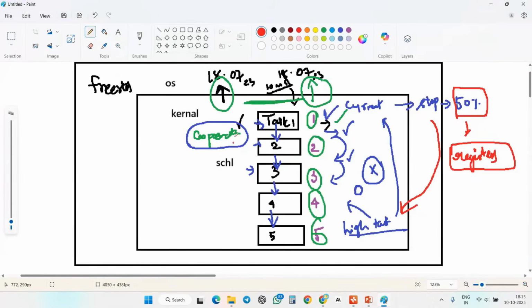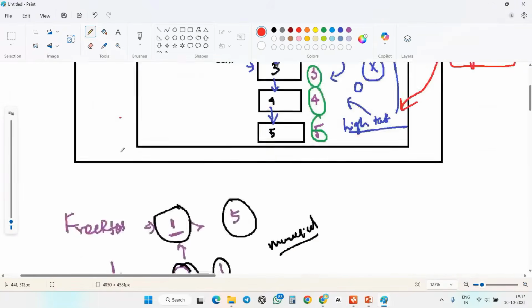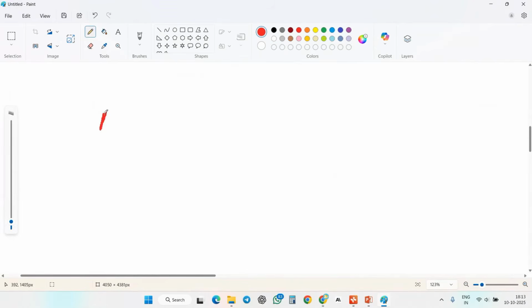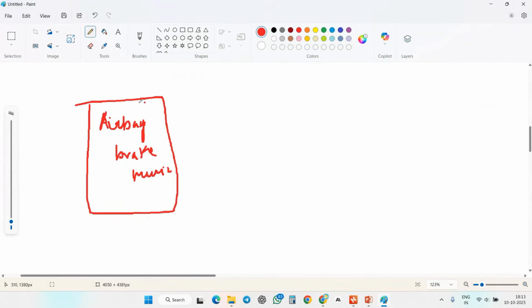Okay, so in our task, what does that mean? If a higher priority task tries to interrupt, we know an example: an airbag. We have a car, a car brake, and the music running. All of these are considered tasks.